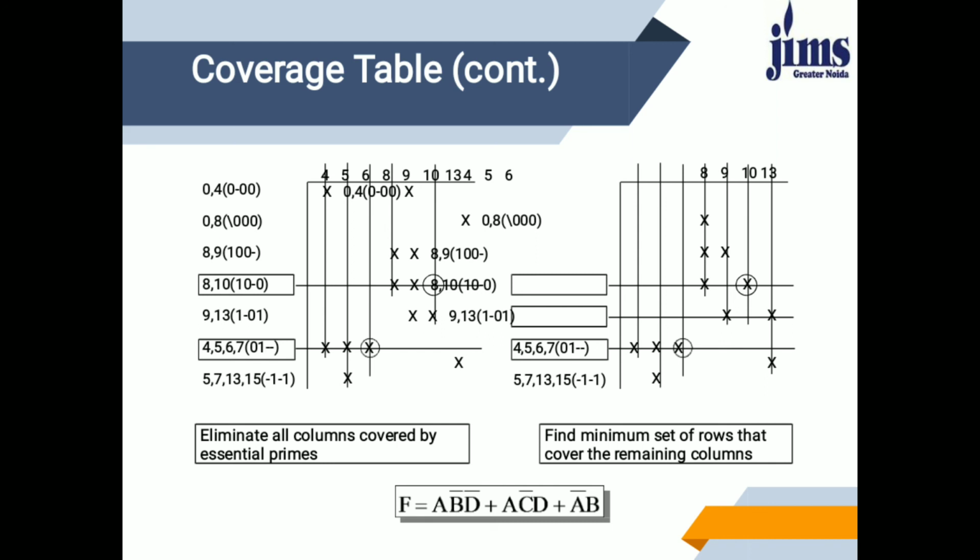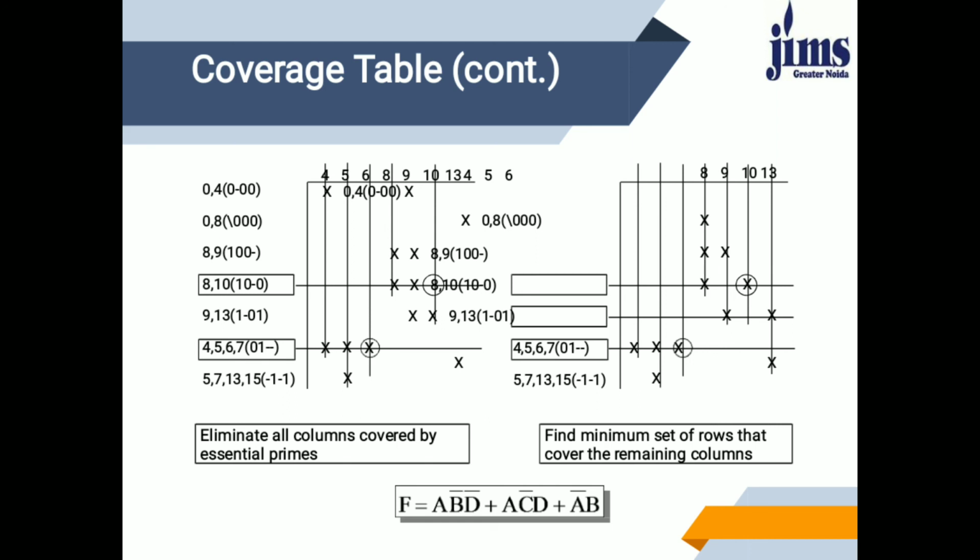Now how many are remaining? 9 and 13. So to represent 9 and 13, we again need to cover the 9 and 13 column. Using 9 and 13, we can represent the remaining numbers. So a total of 3 terms are used to represent the expression.